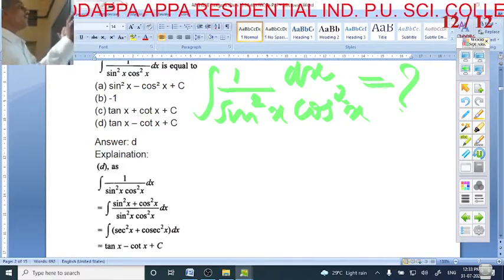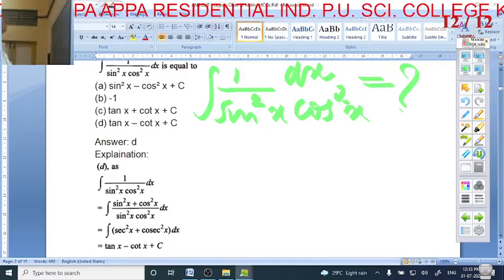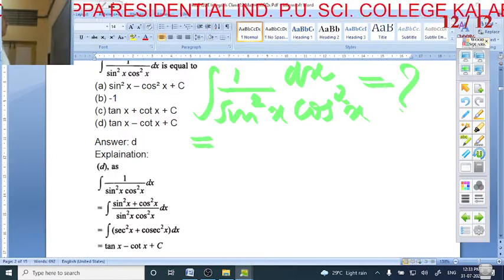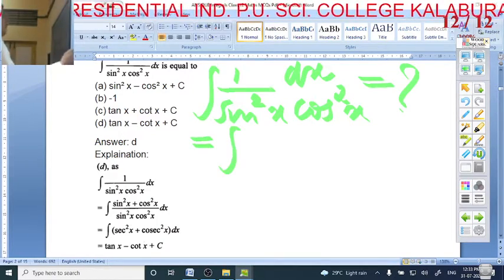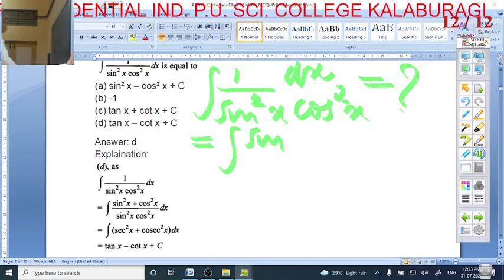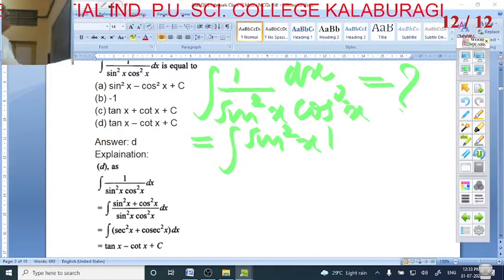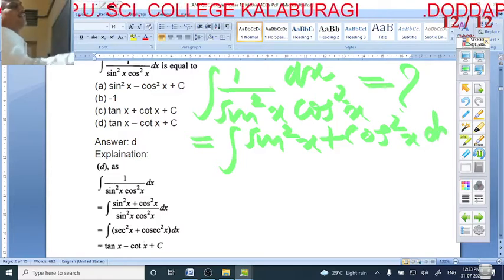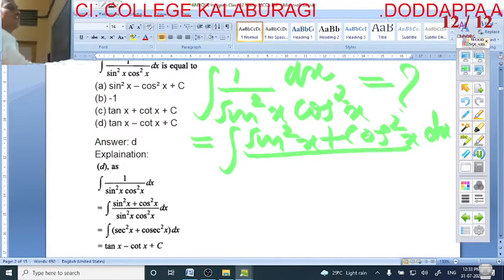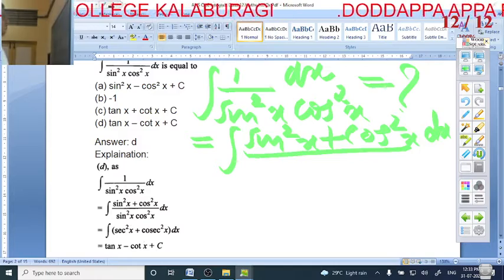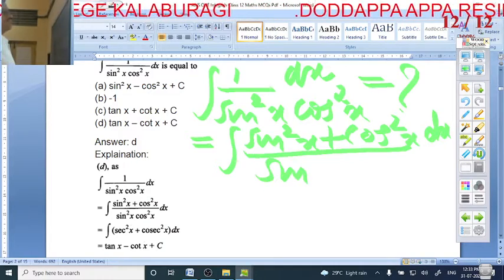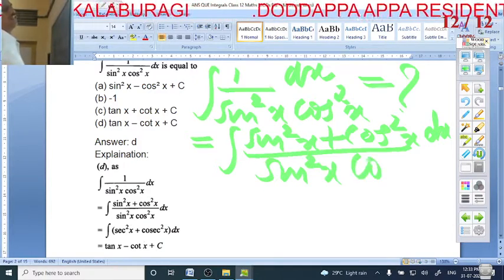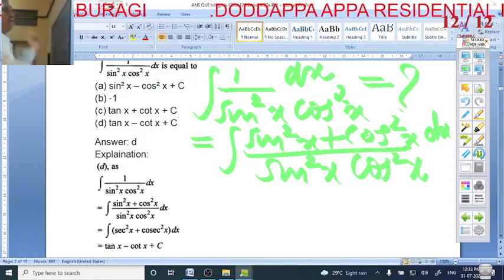So we use the trigonometric identity: 1 is replaced by sin square x plus cos square x, and this whole is divided by sin square x into cos square x.